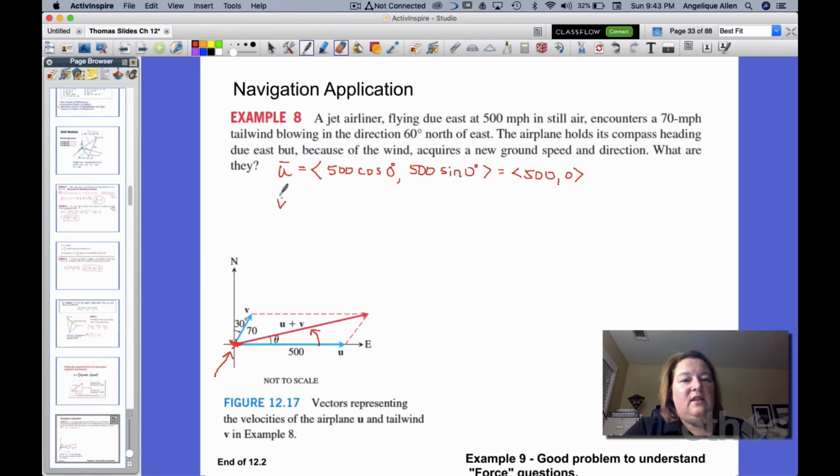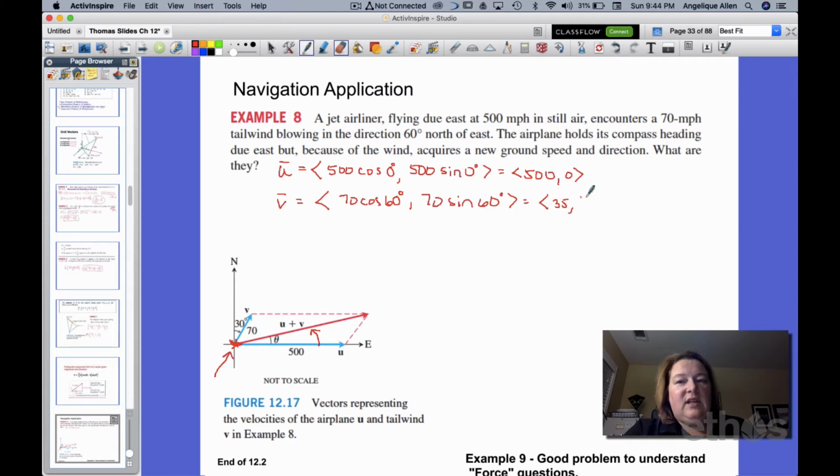All right, the v vector, the wind, is going to be 70 times the cosine of 60. Now, don't put 30. We want the angle it makes with the x-axis. And then 70 sine of 60 degrees. Okay, and so there's no need to round in the middle. So this is going to be 70 times 1/2, or 35.